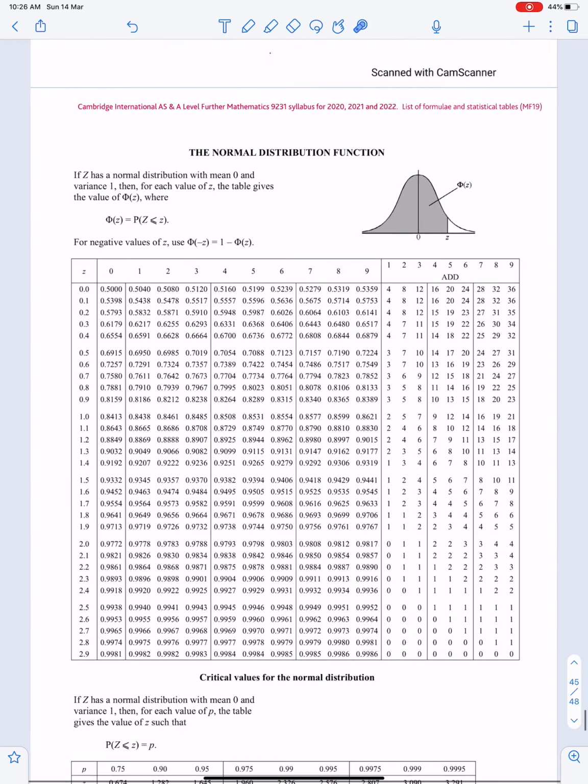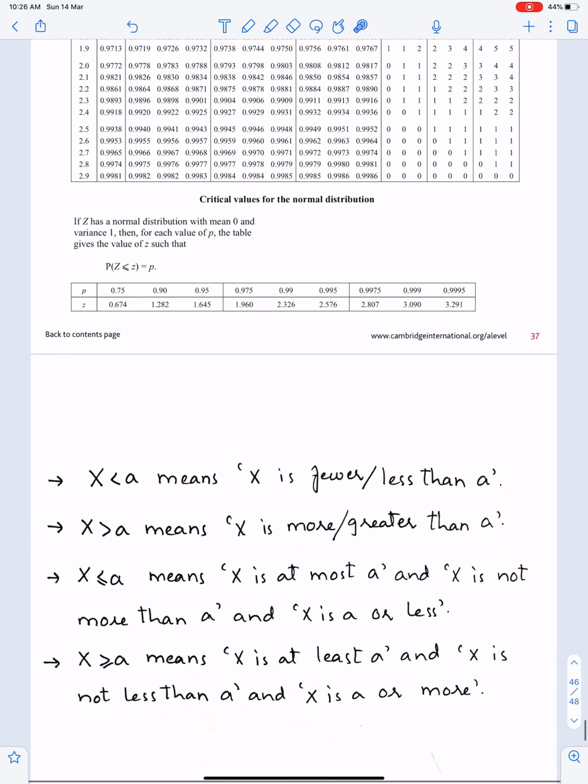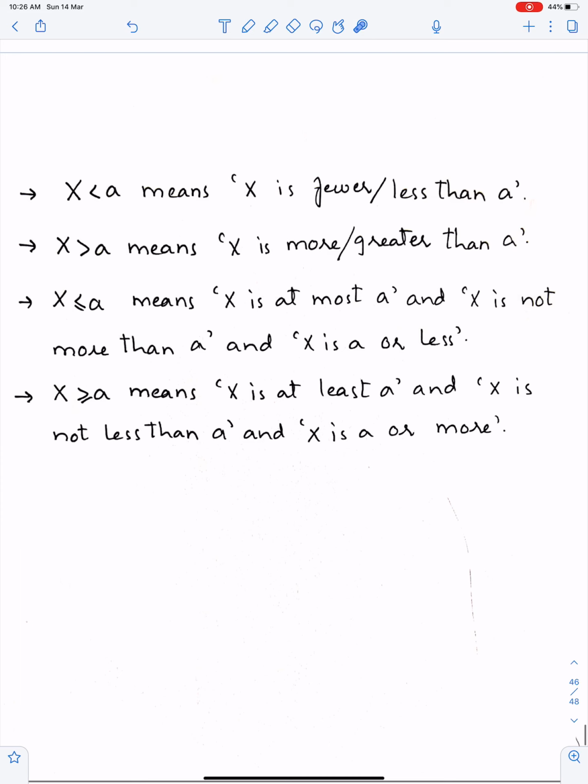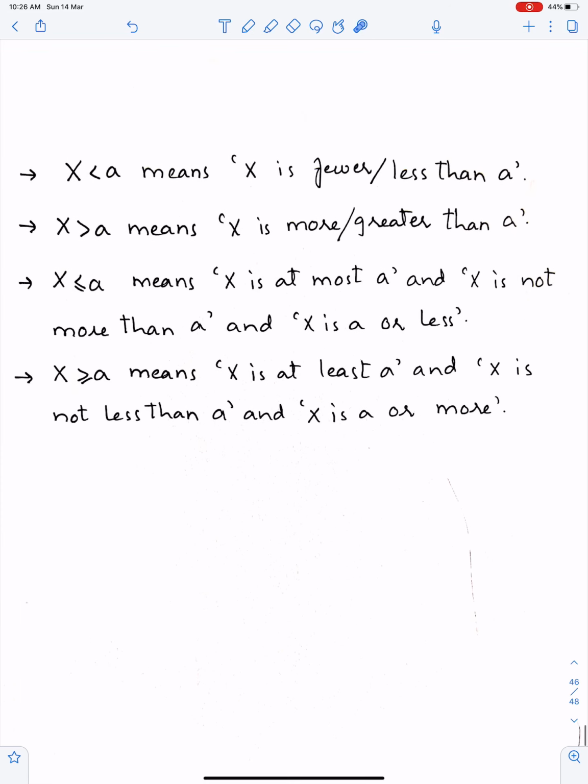This is the normal distribution table for you. You can use this. And this is one of the most important things. Very important. You must know how to read these inequalities. X less than A means X is fewer or less than A. You can read this in this way.